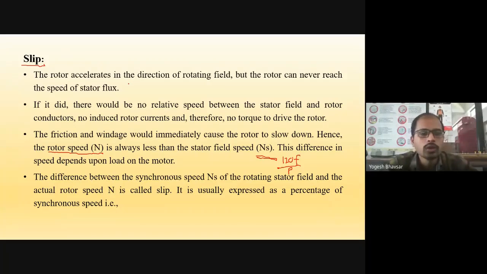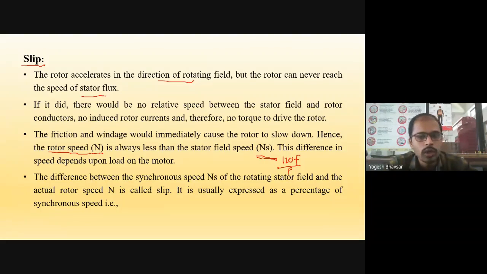Now, the rotor accelerates in the direction of the rotating magnetic field, but it can never achieve the speed of the stator flux. Why can it never achieve it? Because when the rotor rotates at the same speed as the rotating magnetic field, there will be no relative motion.